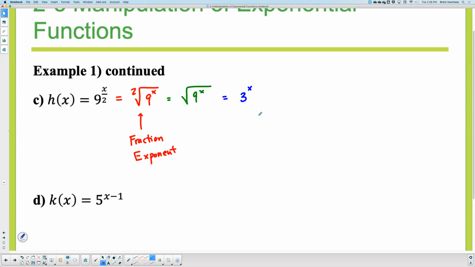So what has changed? I started with 9 to the power of x over 2. I now have 3 to the power of x. What did I change? The base. This is not a transformation. This is a change of base, from 9 to 3.